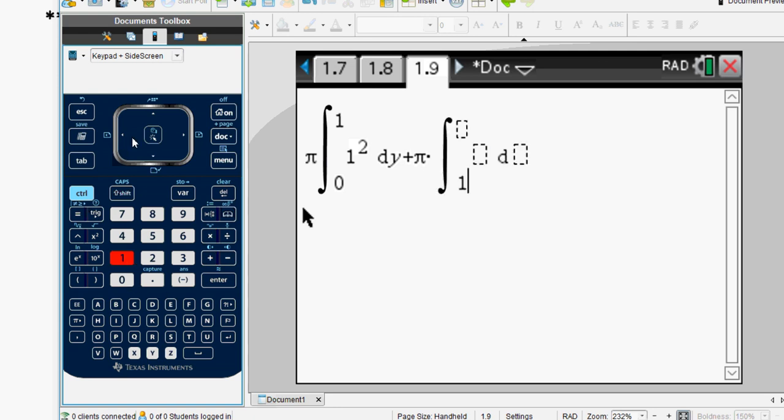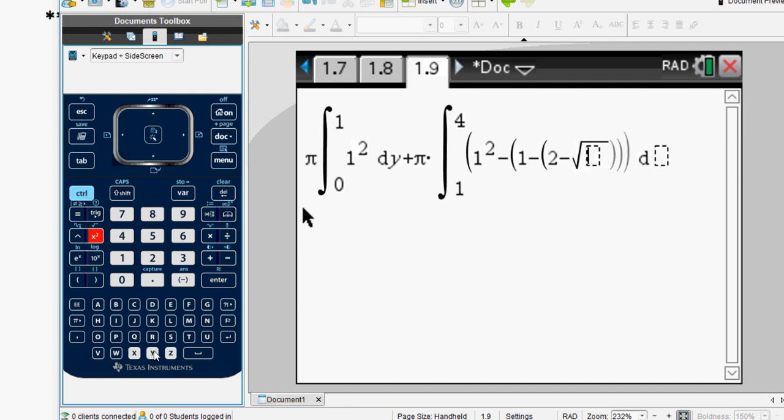from 1 to 4, and we're going to have 1 squared minus parentheses 1 minus, and I'm going to parenthesize this again, 2 minus square root of y, and then we're going to square that.